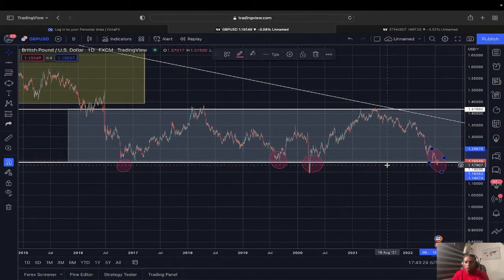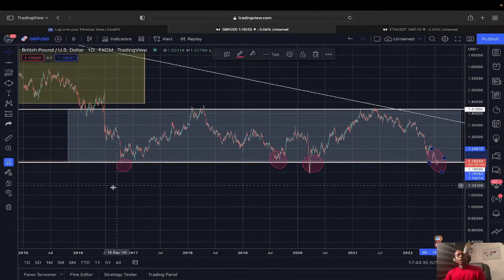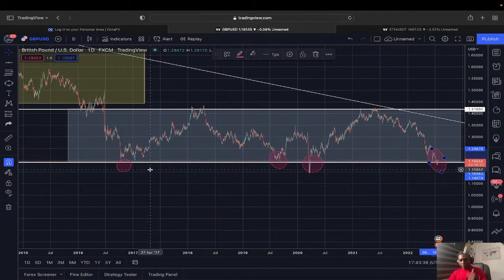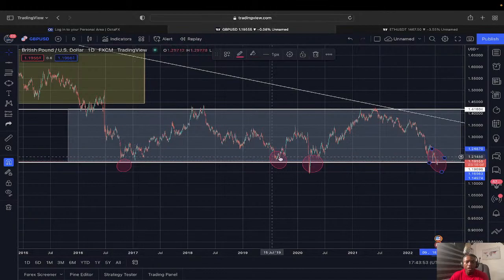Good. So we can see that price has touched this particular level more than 3 times. The more price touches a particular level consistently, the weaker that level becomes. You see the first touch here, the second touch here, the third touch here, the fourth touch here.